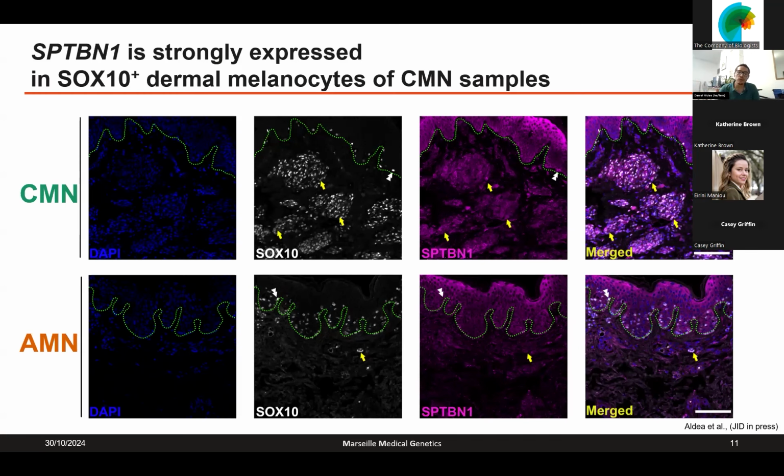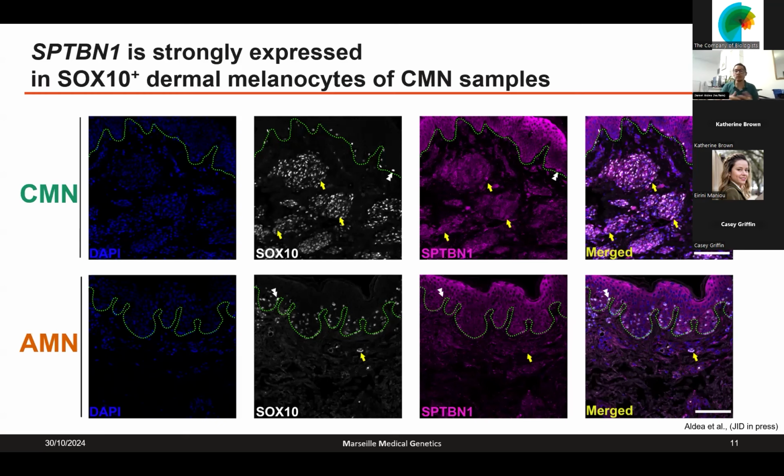But I really want to draw your attention to the dermal area in which we can see expression of SOX10, which is a marker of melanocytes. And you can see that we have a really strong expression of spectrin beta in this area, compared to the few dermal cells that we found in the case of AMN, in which spectrin beta is not as much expressed as in the case of CMN.